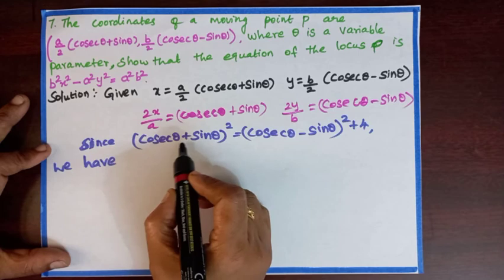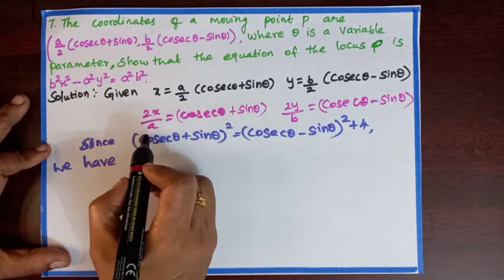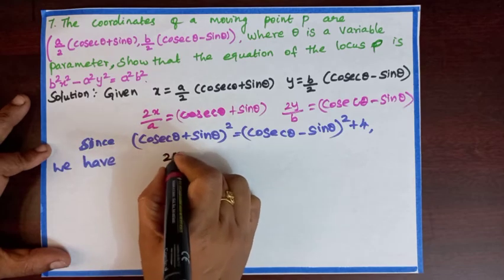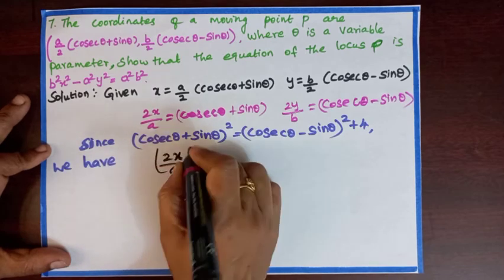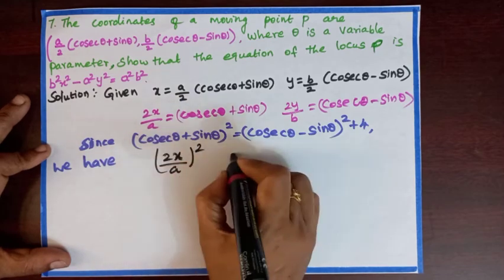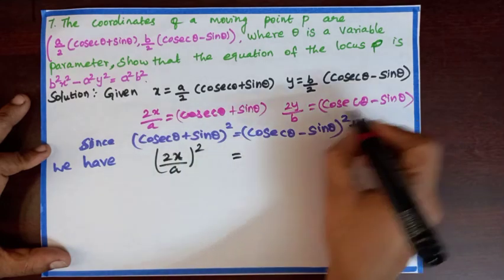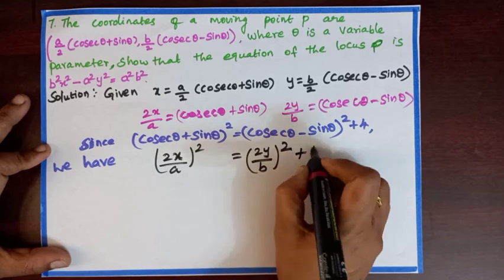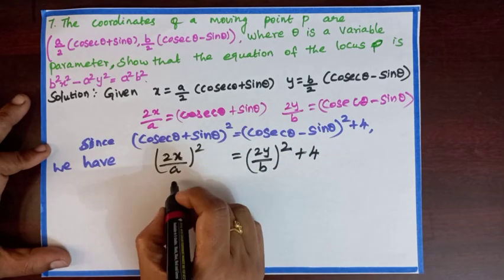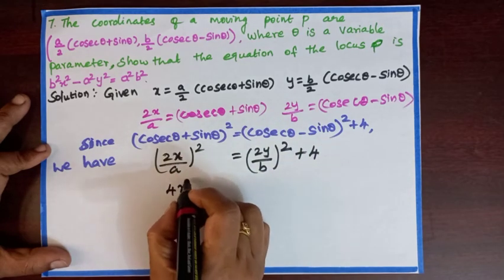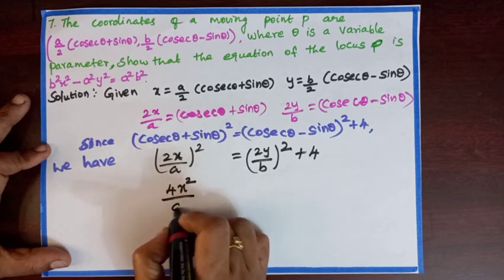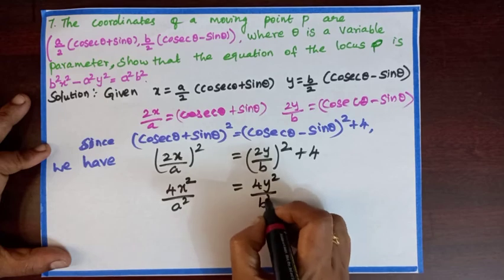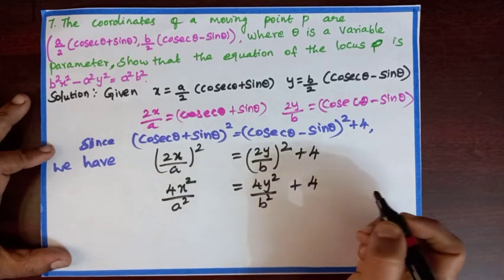We know that cosec θ + sin θ is 2x/a. Substitute here: (2x/a)² equals, since cosec θ - sin θ is 2y/b, (2y/b)² + 4. Squaring 2x gives 4x²/a² equals 4y²/b² + 4.